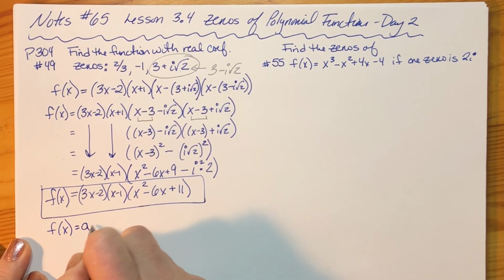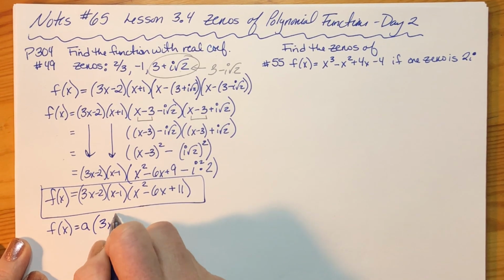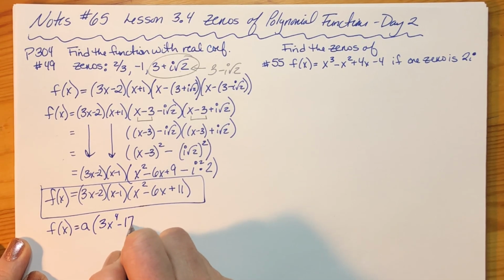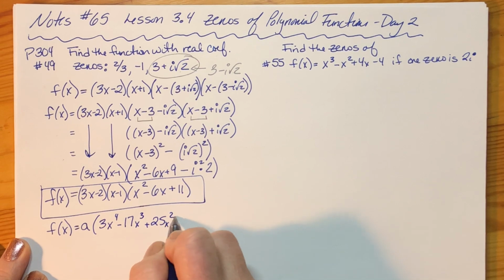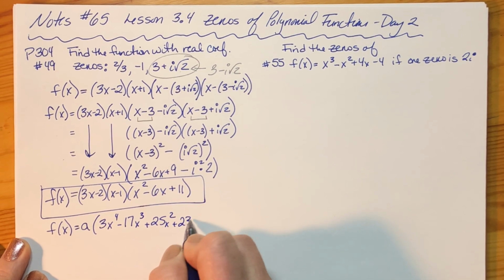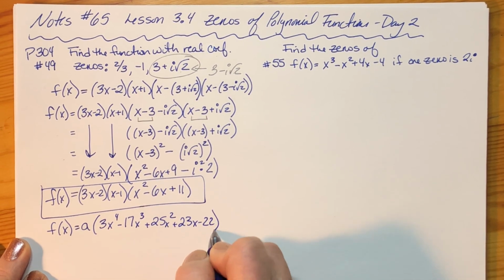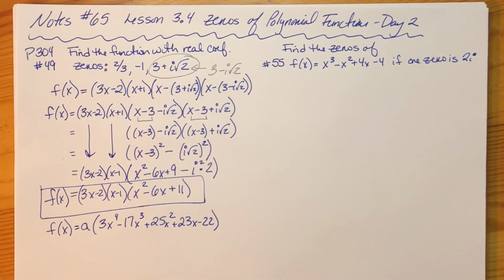He's going to say a times the quantity 3x to the 4th minus 17x to the 3rd plus 25x squared plus 23x minus 22, all right? He's going to go ahead and write it that way. Either way would be fine. I'm pretty happy stopping right here. You've convinced me that all of my imaginary numbers are gone. I do like the a in the front. That's also a very good thing to do, okay? All right, let's try another one.